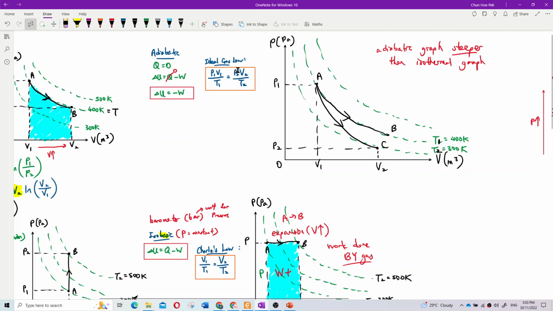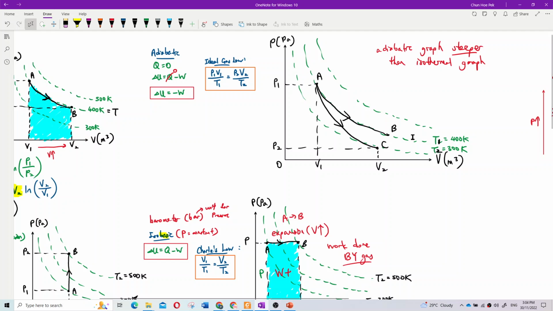So I have P1, V1 for point A. Point A is P1, V1, T1. And then point C is P2, V2, and T2. So I can use the ideal gas law: P1 V1 over T1 equal to P2 V2 over T2.